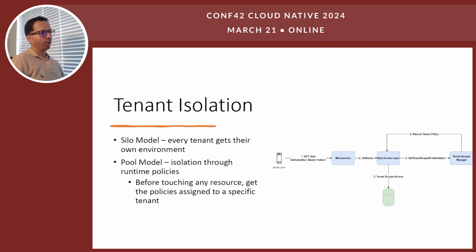We will call for the tenant-scoped credential from a tenant access manager service. It will return tenant policies, and by using those policies, we can make the call to the database. So it will help us achieve tenant isolation using the runtime policy mechanism.